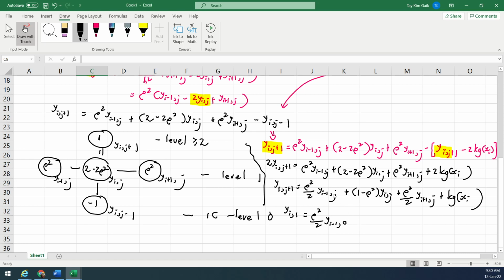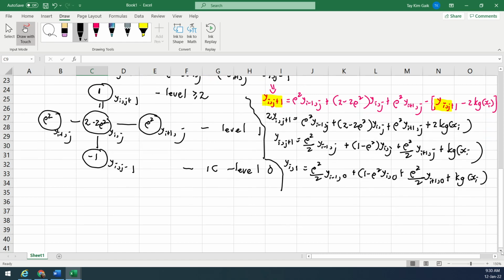Meaning j 0 is the initial condition. From level j 0 you can obtain level 1: plus 1 minus rho squared yi 0 plus rho squared over 2 yi plus 1 j, j is 0. Then plus k g xi. Hence, this is for level 1 only.